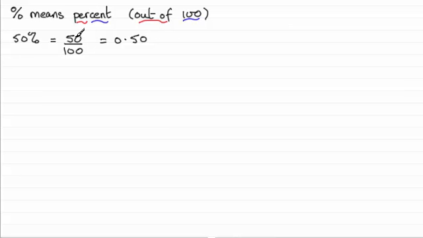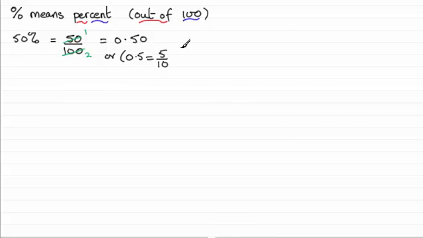Or you might know it as a fraction. We can cancel 50 into both the top and the bottom. 50 into 50 goes 1, 50 into 100 goes 2. So we get the familiar 1/2 for 50%. You might know it as 0.5. You don't have to write 0.50 there, because 0.5 is the result of 5 out of 10, or 5 divided by 10.